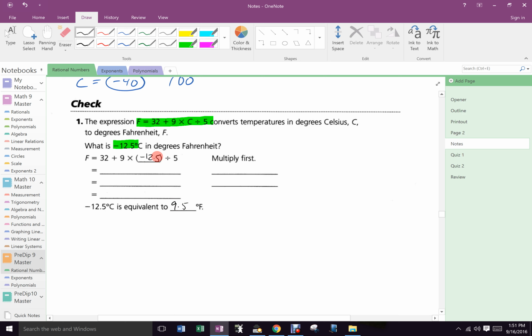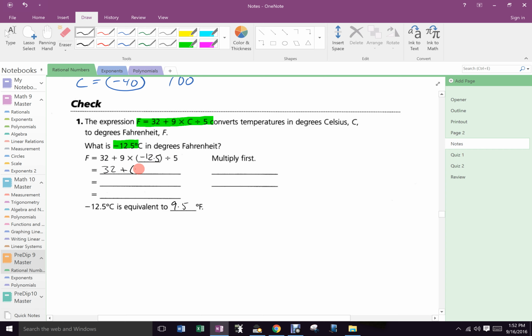So again, please remember, you still need to know what you're doing, especially if you don't have the fancy schmancy calculator. Okay? So, of course, you're going to multiply first. 32 plus 9 times 12.5. 9 times 12 is 108. 0.5 of 9 is 4.5.